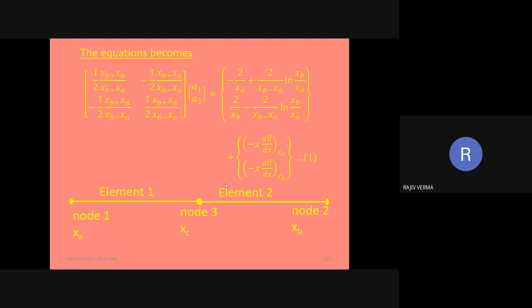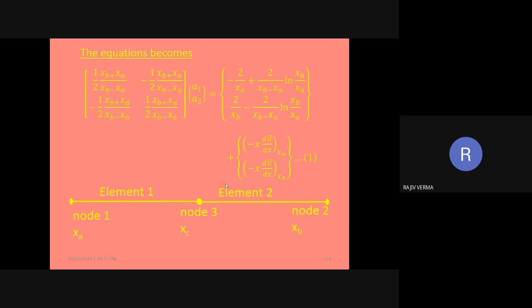But when we are going to apply this equation number 1 for element number 1 in the two element solution, element number 1 consists of xa and xc. So, we are going to simply replace the term xb in equation number 1 by xc to get equivalent equations for element number 1.